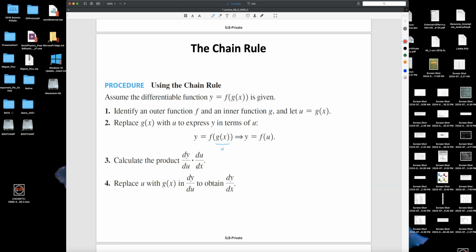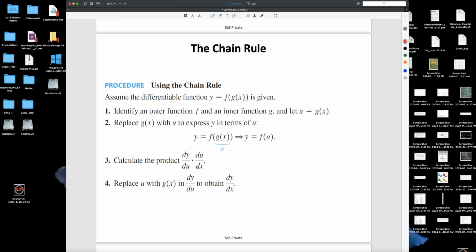So we're going to start by taking the derivative of the external function evaluated at the internal one. And then you multiply by the derivative of the inner function. That's it. And you will apply this as many times as you need, depending on how many functions are taking place in the composite.